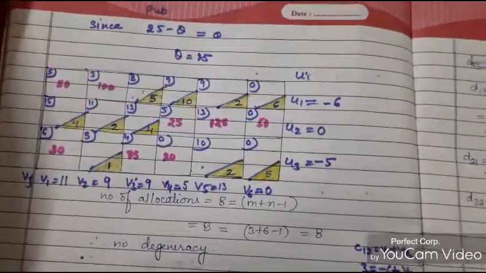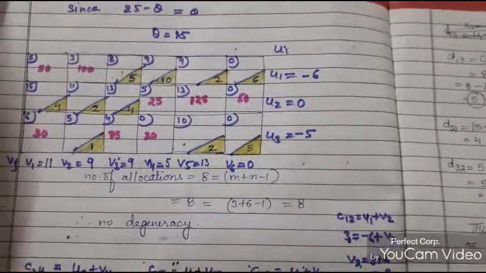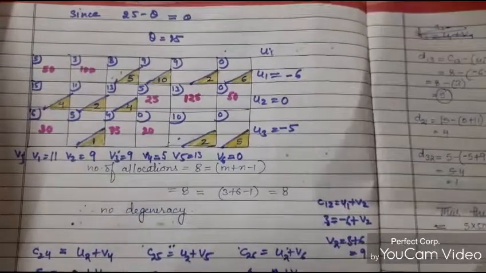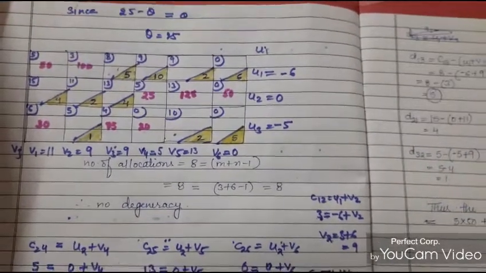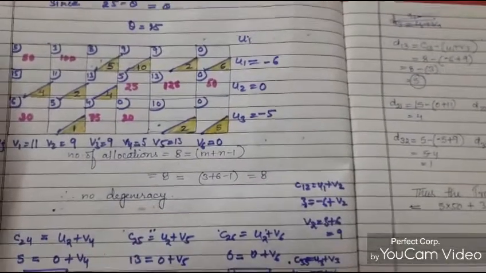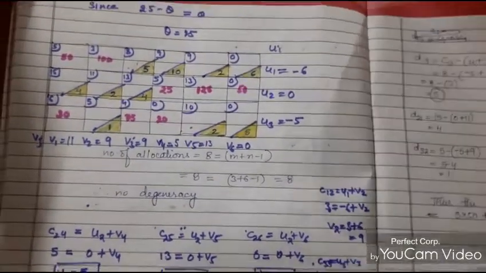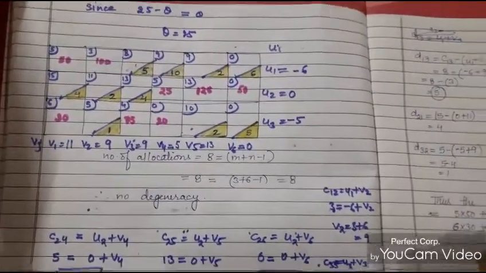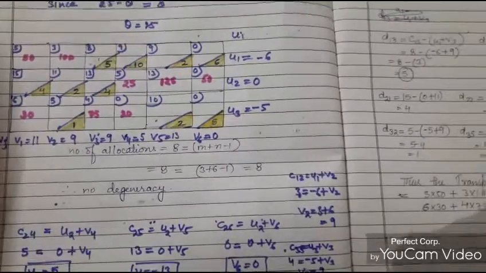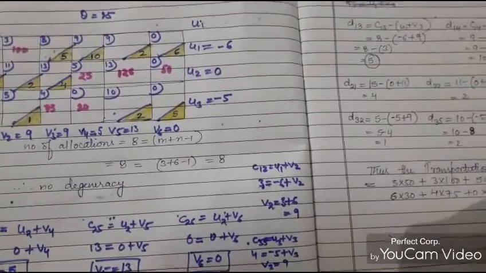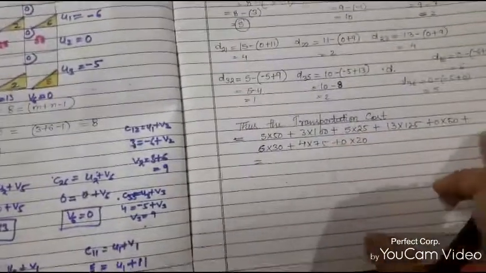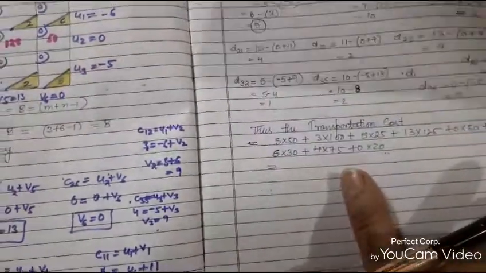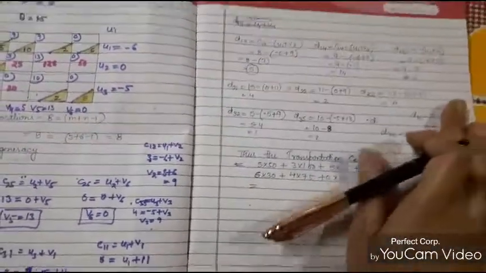So let's start calculating. 5 into 50 plus 3 into 100 plus 5 into 25 plus 13 into 125 plus 0 into 50 plus 6 into 30 plus 4 into 75 plus 0 into 30. On solving this, the value we get is the transportation cost, which is optimal. Hence the solution is obtained.